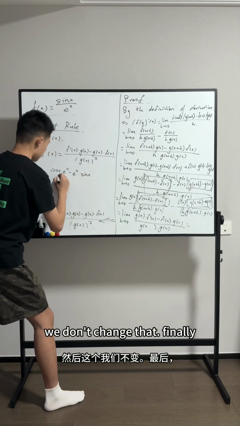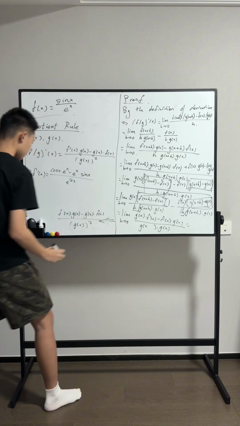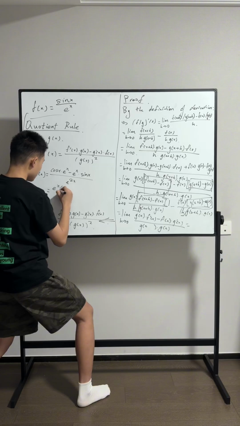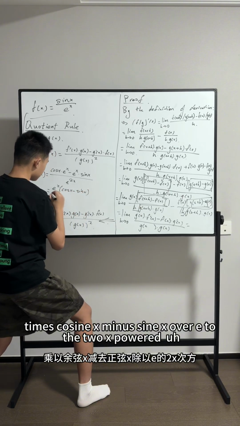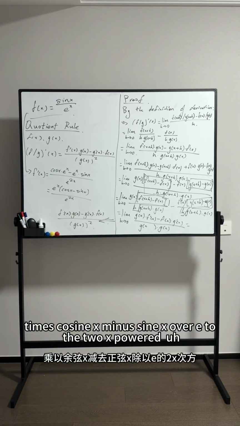We don't change the denominator. Finally, dividing by e to the 2x, which is e to the x times cosine x minus sine x over e to the 2x.